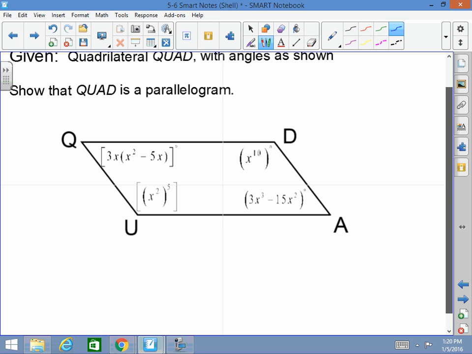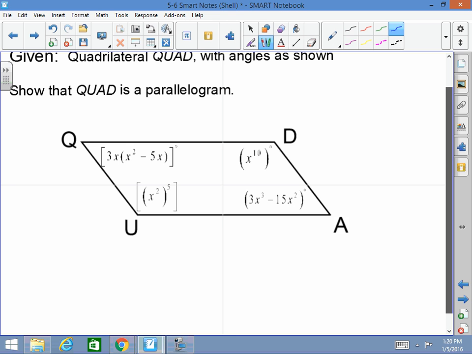He said, okay, I have a quadrilateral. I want to prove it's a parallelogram. I was given nothing about the sides, but I'm given some stuff about the angles. So what he's saying is I have to prove that opposite angles are congruent. Actually, just one pair, right? Yeah, but you could do either way.